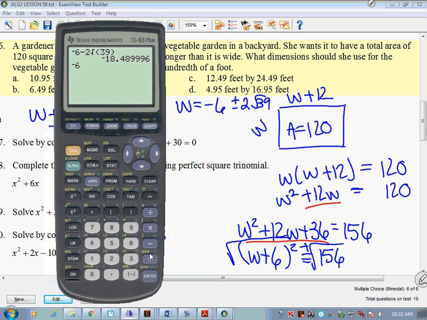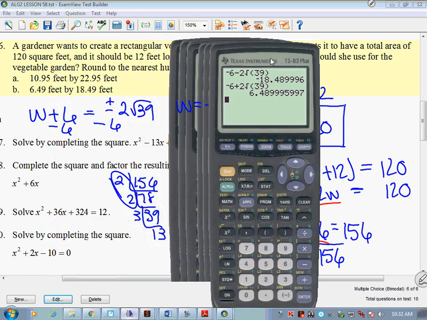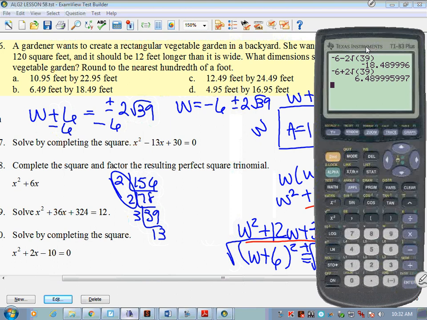Negative 6 plus 2 radical 39 gives me about 6.5, or 6.49 if you want. So the width is 6.49, which we found out it has to be.